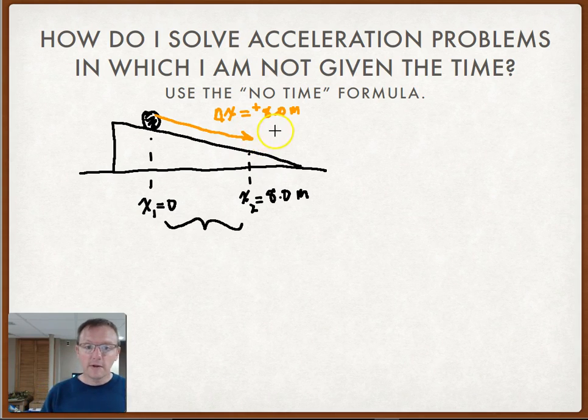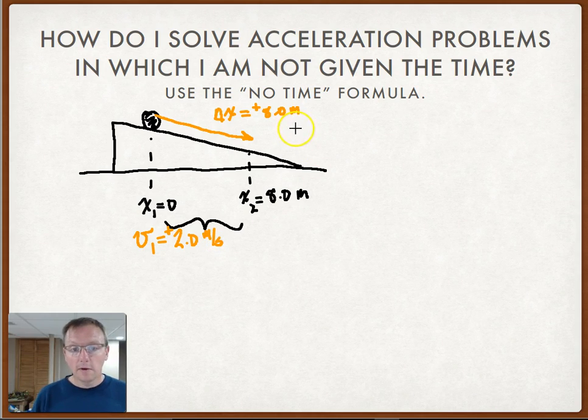Okay, let's say that the ramp is the same as before, though, and that is that the ball has an initial velocity. So it's the same situation as before. The initial velocity for the ball is positive 2.0 meters per second. And the acceleration that the ball experiences down the ramp is again 2.0 meters per second squared.